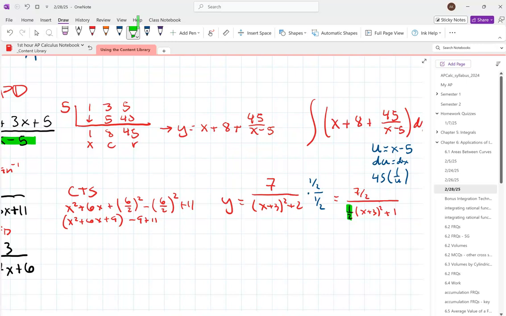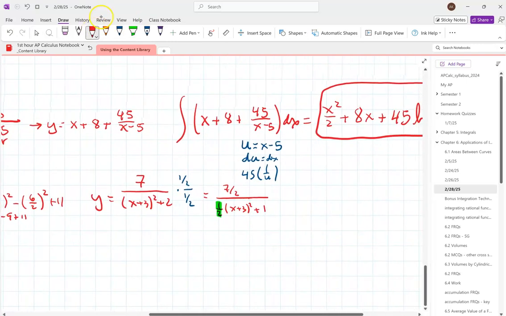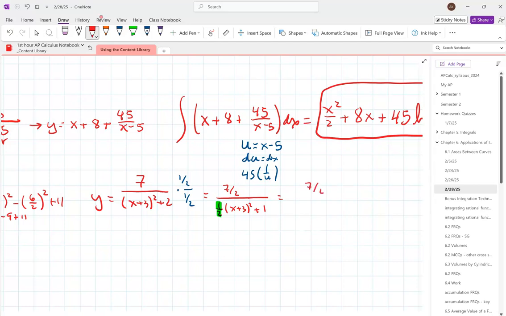So what squared is going to give us 1/2? How about 1 over the square root of 2? Is everybody okay with that? So what I'll do is push that inside the squared.